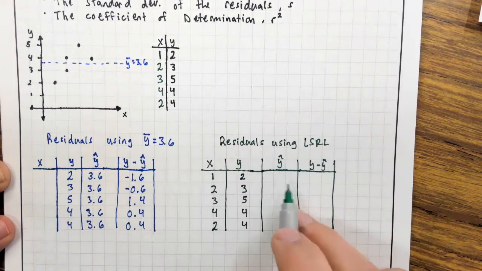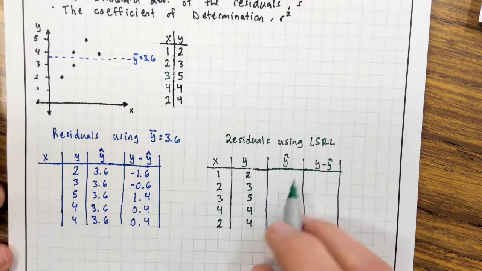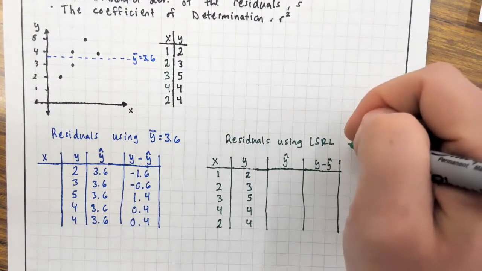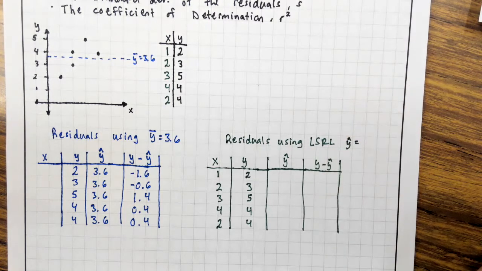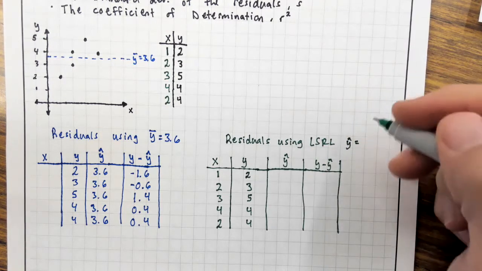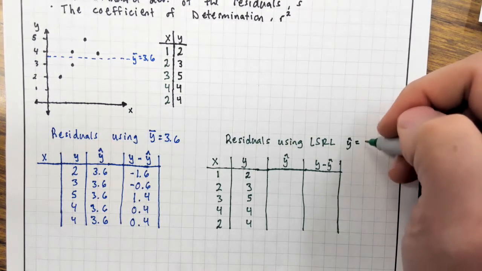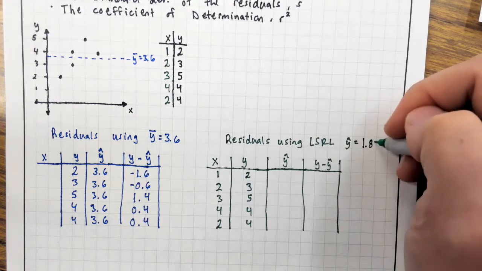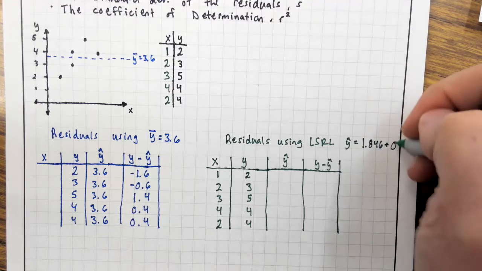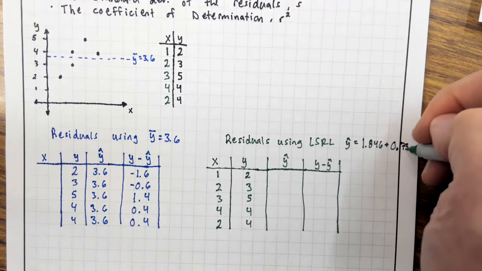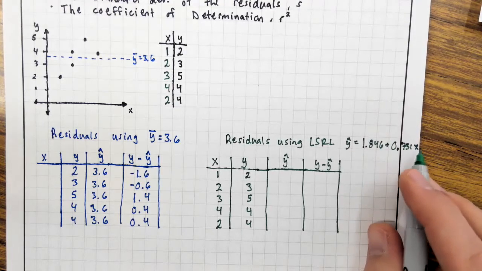All right, so to get these this time, I'm actually going to be using my x values and the y values to get this. So my least squared regression line, y hat, is equal to, I did this earlier, and so the regression equation is 1.846 plus 0.731x. Right, so I'm actually using the explanatory variable this time.